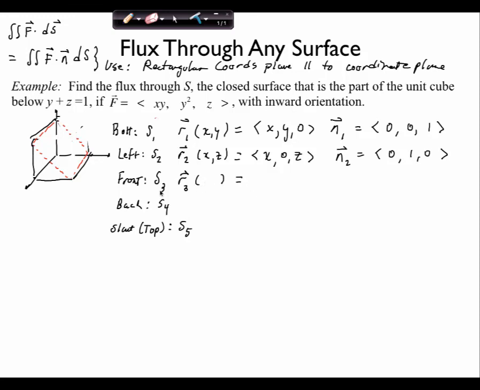Y and Z. All points on that plane have all the X coordinates equal to 1, so it's going to be 1, Y, Z. Inward orientation, N vector will be negative.